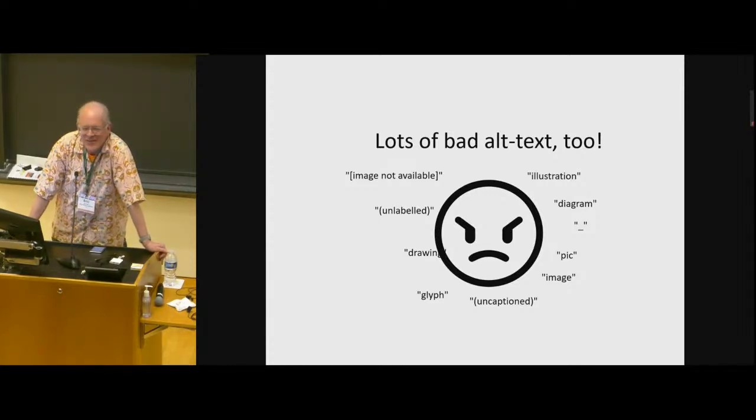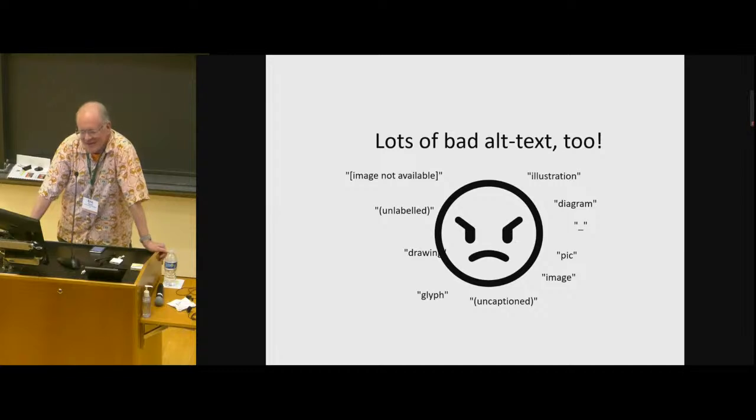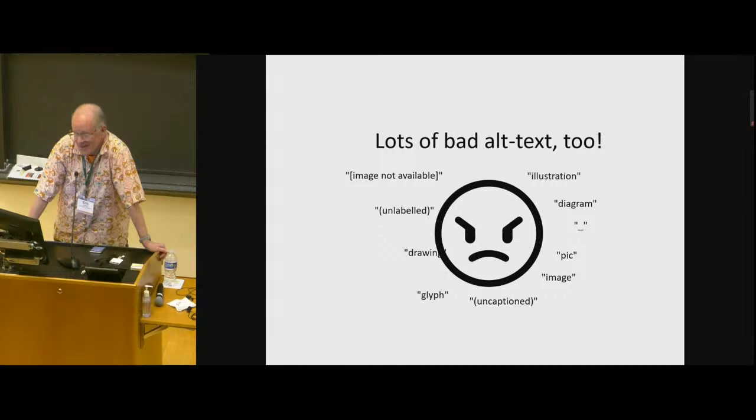Now, that's really driven by validation. To get the HTML validators to pass the HTML without an error, there has to be something in the alt text, or else it spits out a warning.